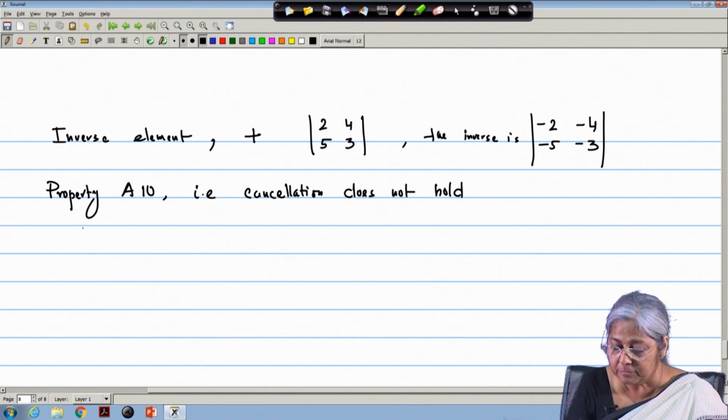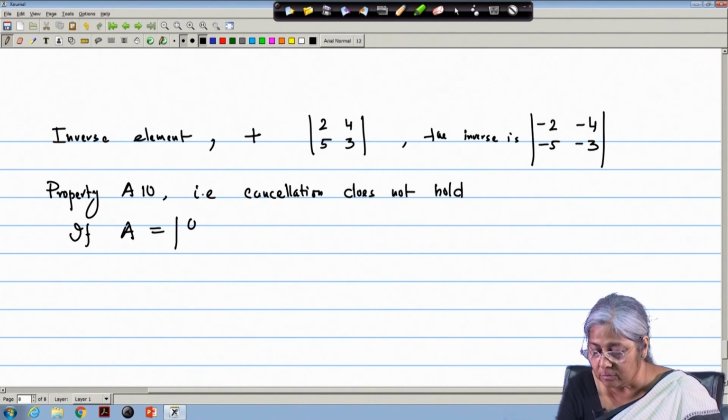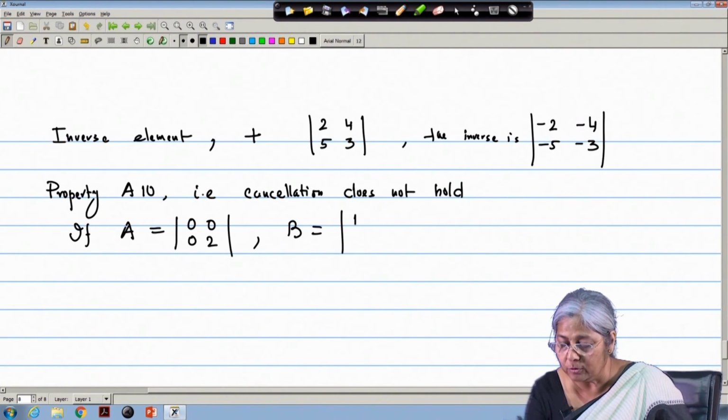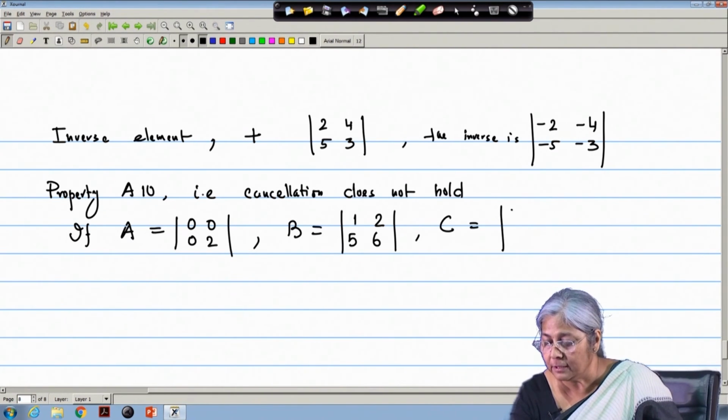Since, say A is the 2 by 2 matrix 0 0 0 2, and I consider B as 1 2 5 6, and my C is 7 8 5 6.